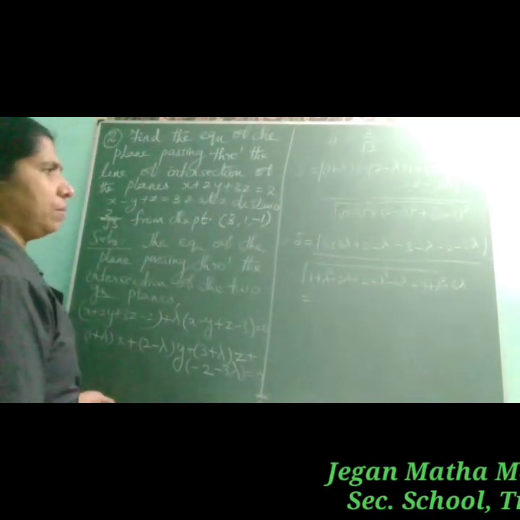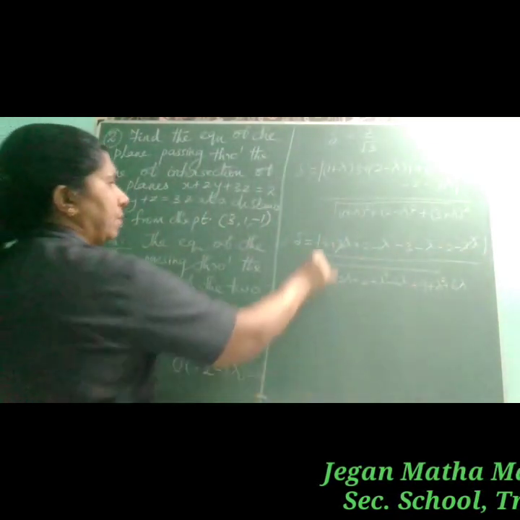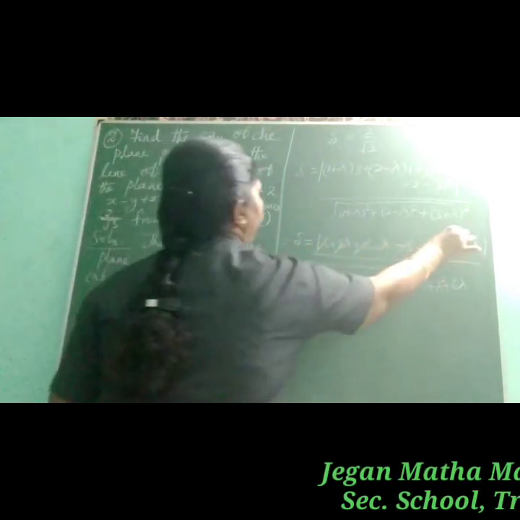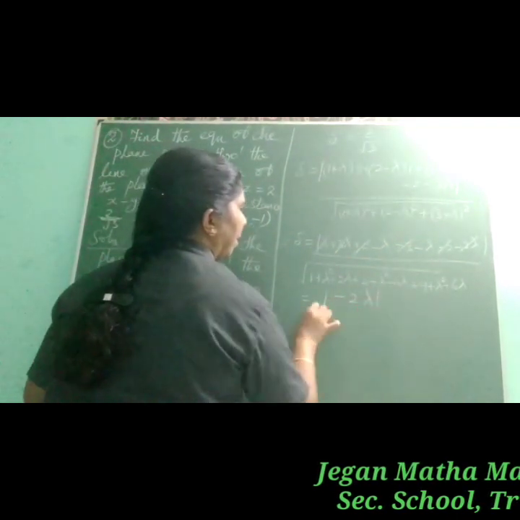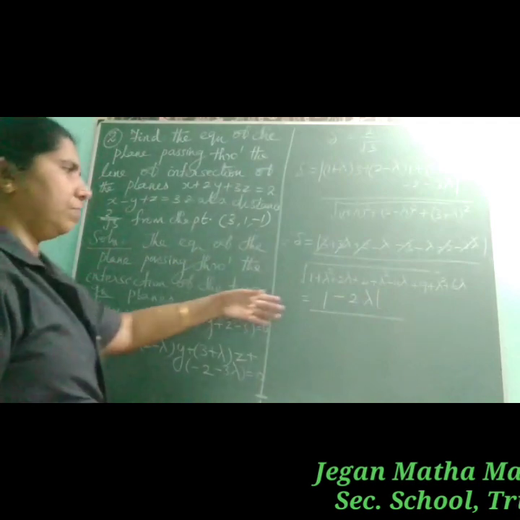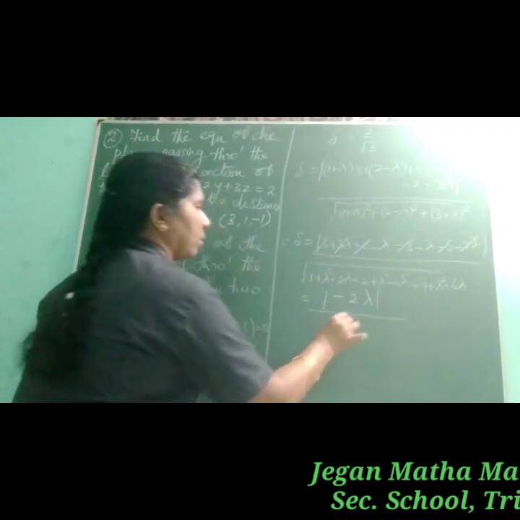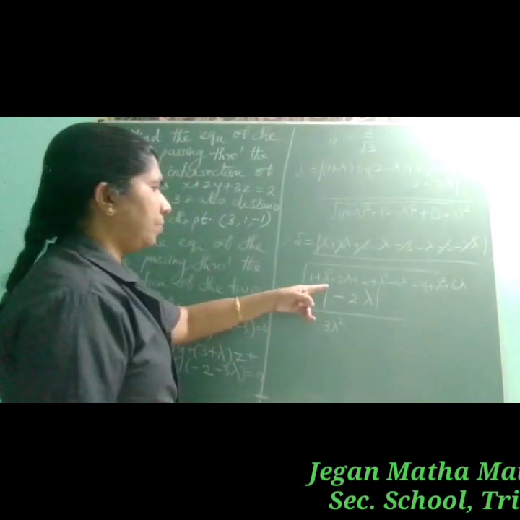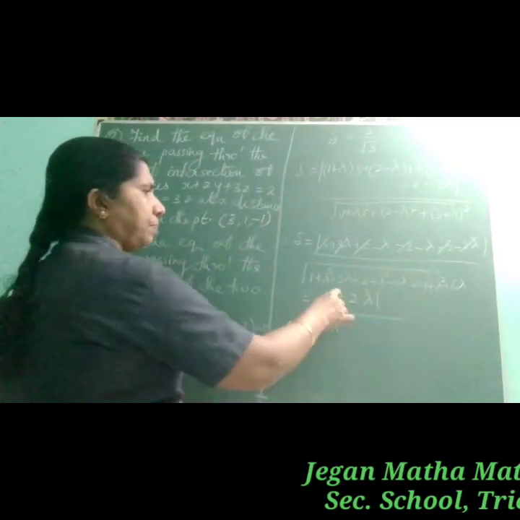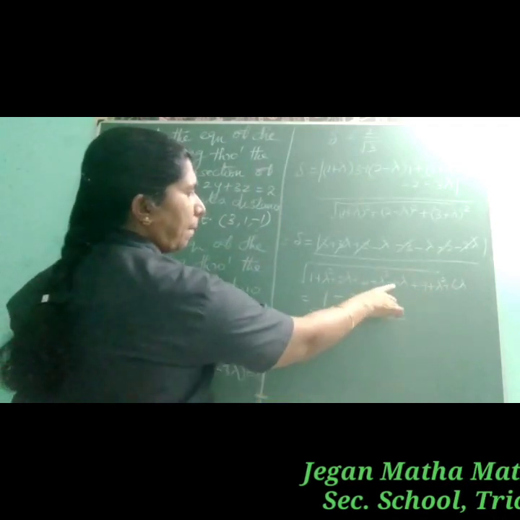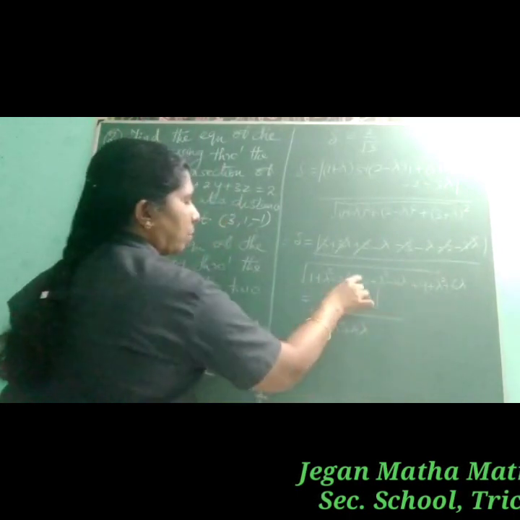This is equal to, when you are simplifying, plus 3 lambda minus 3 lambda you can cancel, then plus 3 minus 3 cancel, plus 2 minus 2 cancel. So in the numerator we are getting only minus 2 lambda, divided by the denominator, when you are simplifying: lambda square, lambda square, lambda square, 3 lambda square, then 2 lambda plus 6, minus 4, so plus 4 lambda, and 9 plus 4 plus 1 is 14.